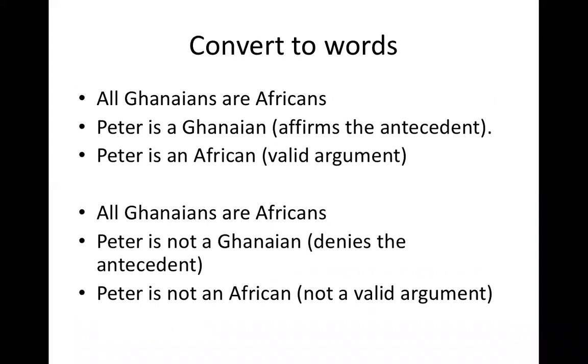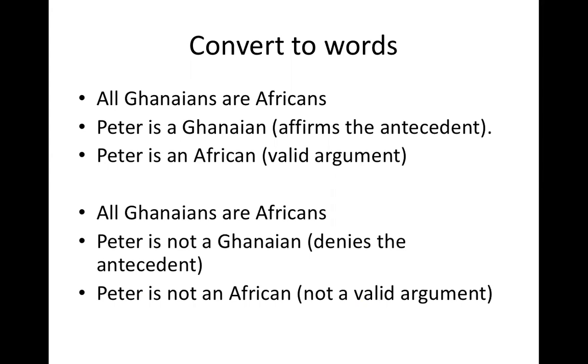That is why we say that if all Ghanaians are Africans and Peter is a Ghanaian, then Peter must definitely be an African. That is why it is a valid argument. An argument that affirms the antecedent is a valid argument because the consequent is normally a larger class of items compared to the antecedent.